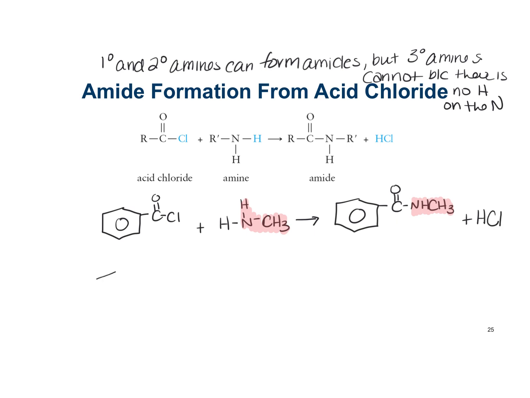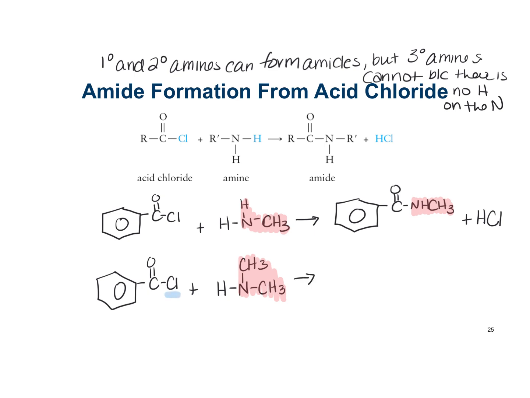If we do the same reaction, but instead look at a secondary amine, then what we can do is look at everything except the hydrogen on the amine. So all of this and all of that is going to take the place of the chloride right here.